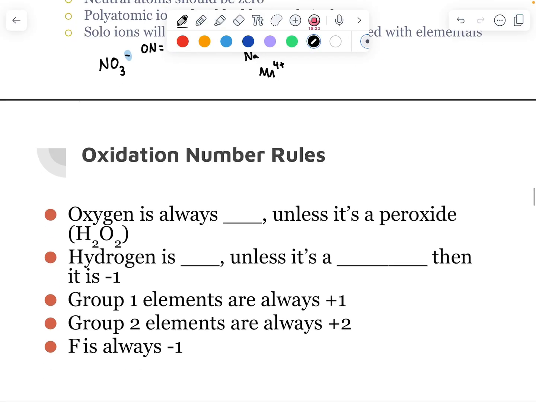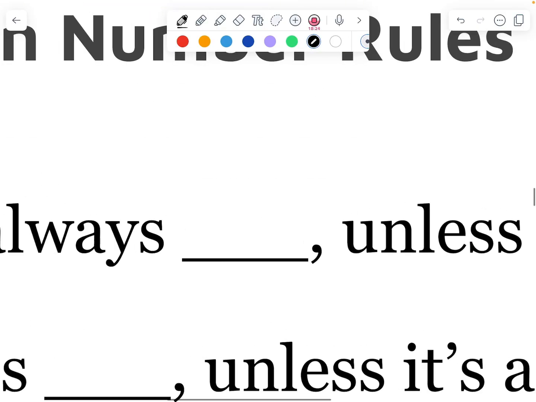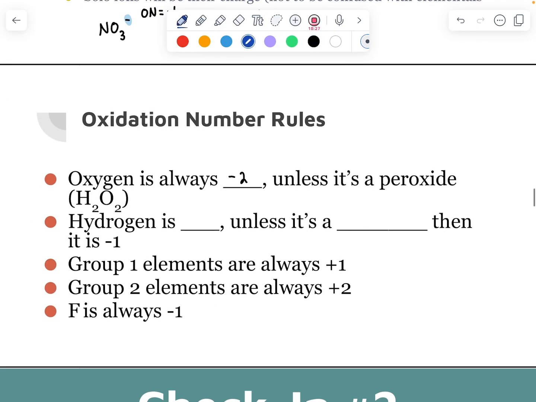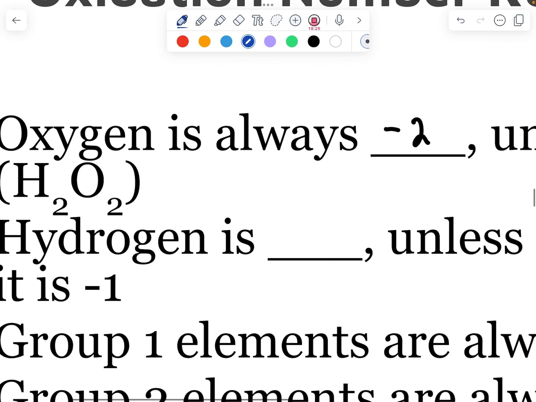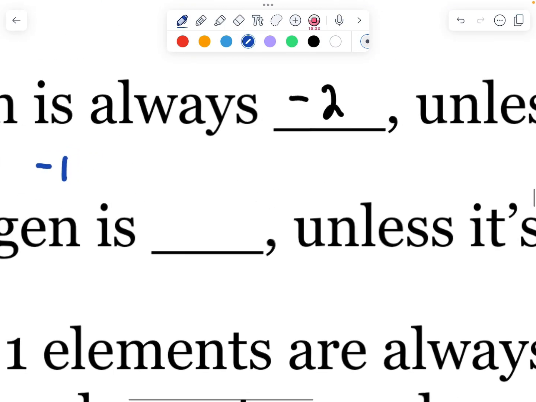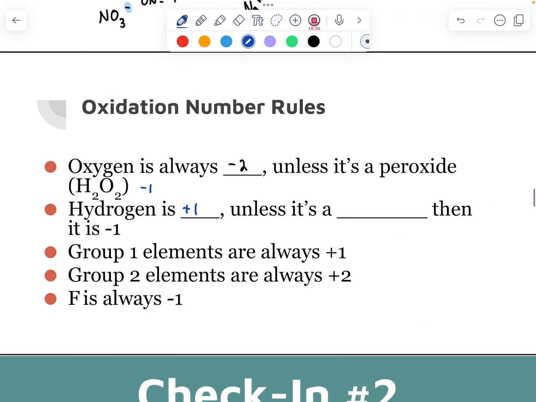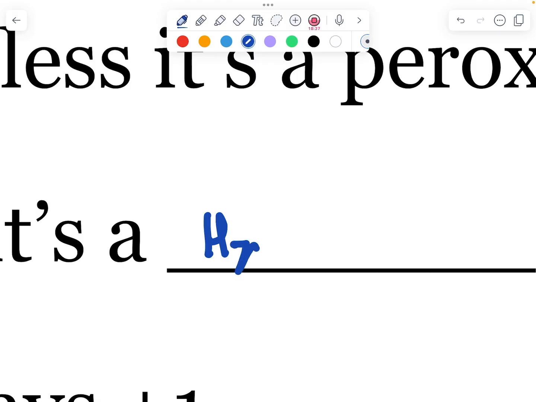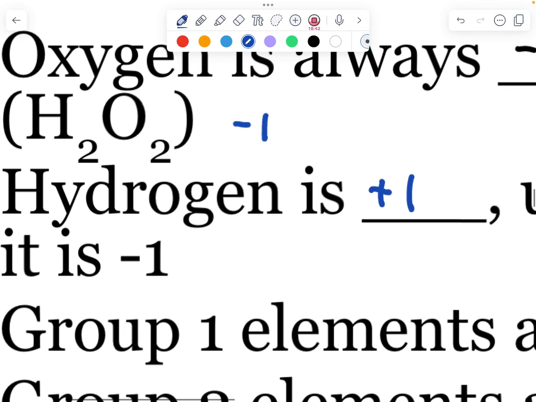these rules. So oxygen is always -2 unless it's a peroxide. If it's a peroxide, then it's -1. Hydrogen is always +1 unless it's a hydride, so a metal hydride where hydrogen's acting like the anion, then of course it is -1.